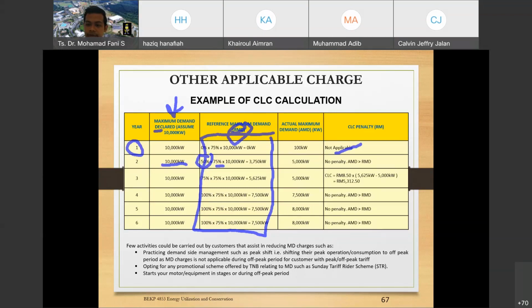The other answer for that one is you need to pay more for the maximum demand charge. For example, if we declare 10,000 kilowatt for maximum demand, and you draw your maximum demand every month more than that, 12,000 kilowatt, you need to pay more for the MD charge.